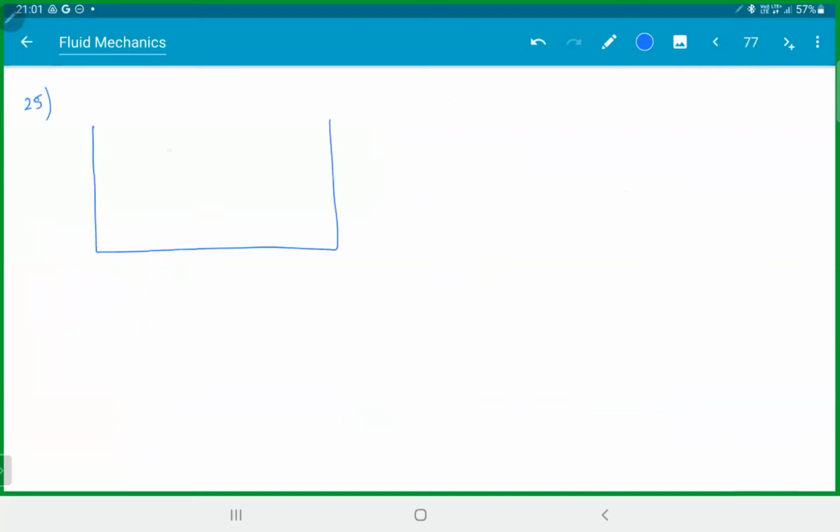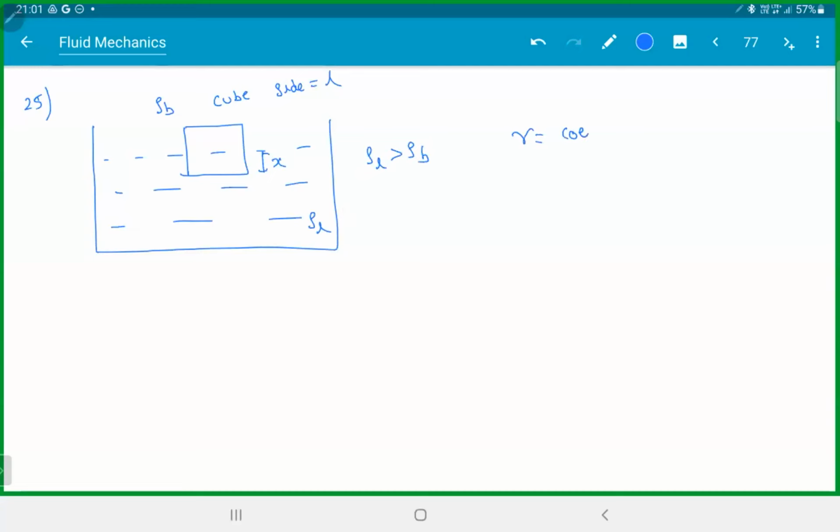We have a container filled with liquid. We have a cube here, side L. Initially, it is at a depth x. Density of the cube is rho b, density of the liquid is rho L, and rho L is greater than rho b, so it will float. Gamma is the coefficient of volume expansion of the liquid.